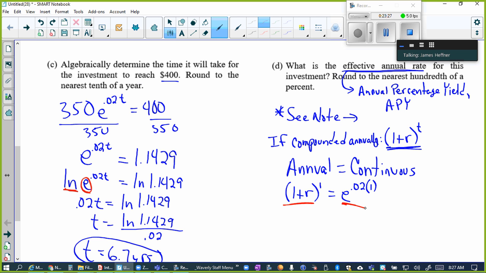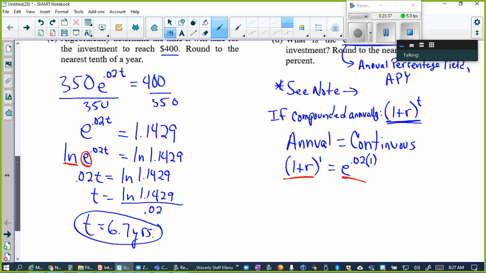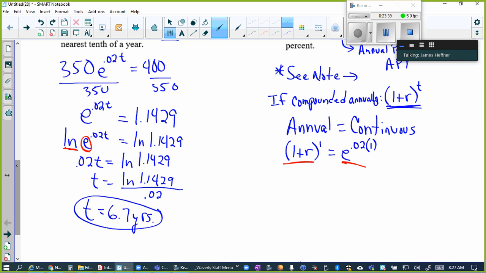Well, let's solve it for r. So 1 plus r to the 1 is just 1 plus r, so we can ditch the parentheses, can't we? Again, if I lost anybody, stop me and ask a question, please. So 1 plus r is just going to equal e to the 0.02.